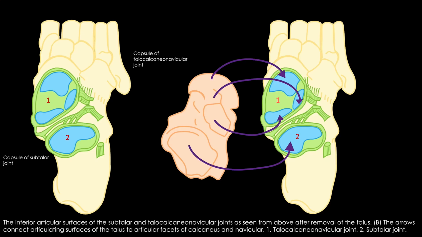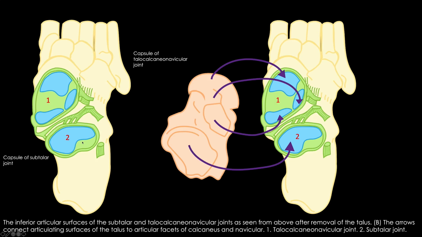So now we can see that the talus has been removed, and you can see this once we remove that. So these are the locations where this talus is articulating. Look at the capsular organization of my subtalar joint, and there you can see this one is my capsular organization of my talo-calcaneonavicular joint, and this is my subtalar joint.